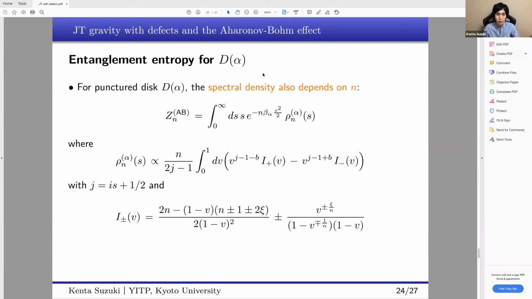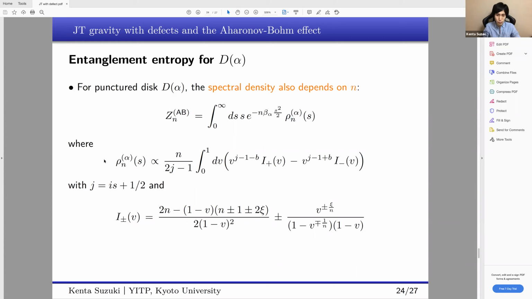Next, we would like to think about the puncture disk geometry case. In this case, the replica number n appearing in the replicated partition function can be treated in the same way as we did for the conical defect angle alpha. Therefore, in the puncture disk geometry case, the spectral density is also modified by the replica number n.